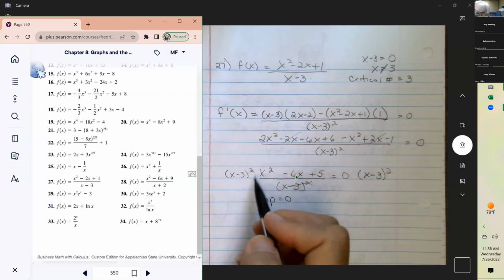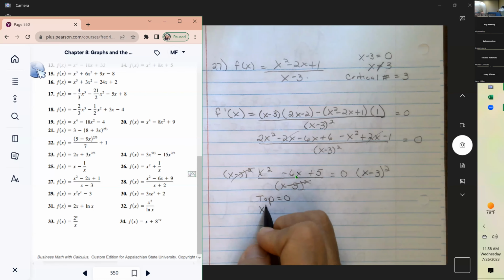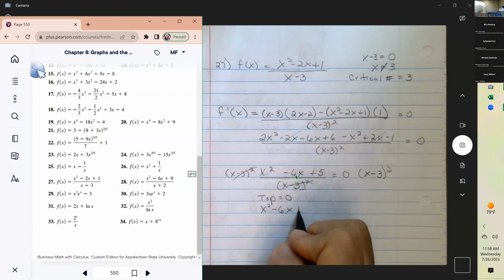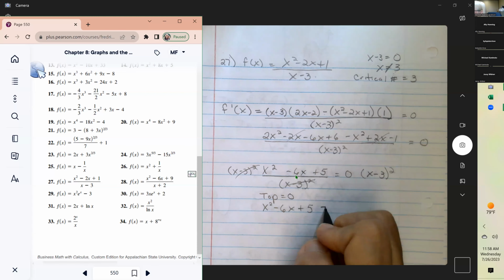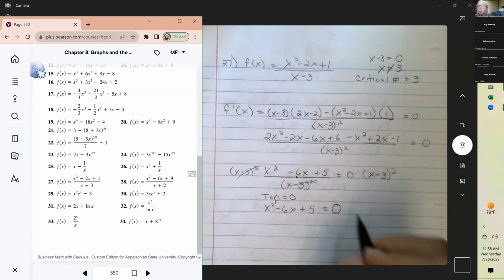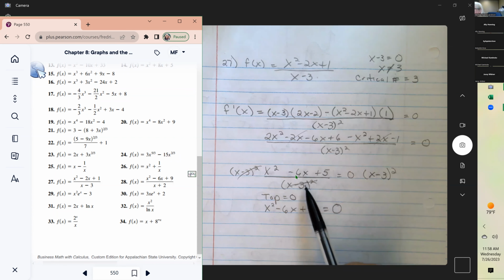Notice it cancels here and leaves the top, and 0 times anything is 0. So we're just setting the top equal to 0. Anytime you have a fraction you want to set equal to 0, you just use the top, because the denominator cannot be 0. And you can think of it as that, or multiply to the other side.